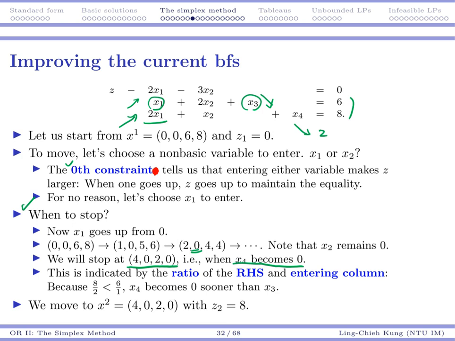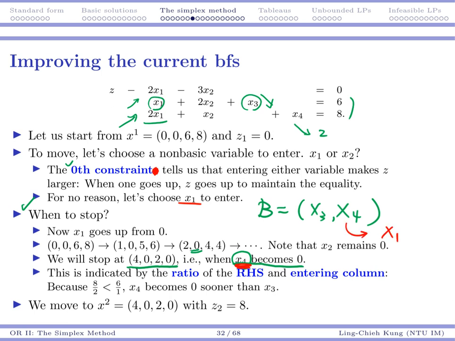So x4 hits 0 first. That means our x4 should be the leaving variable. Previously our basis is x3 and x4, and we know x1 would enter, x4 would leave. What does that mean? Later we will change x4 to x1.